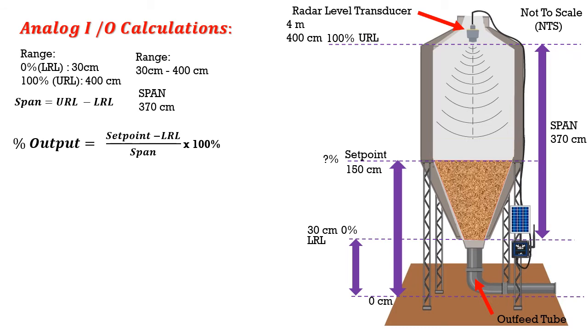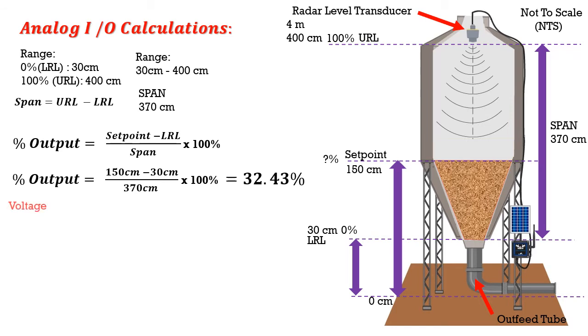And then figure out what percentage of the remainder that is with respect to our span. So 150 centimeters, take away our 30 centimeters offset, gives us 120 centimeters. 120 centimeters over 370, well, that gives us approximately 32.43%. So our grain silo is 32.43% full.